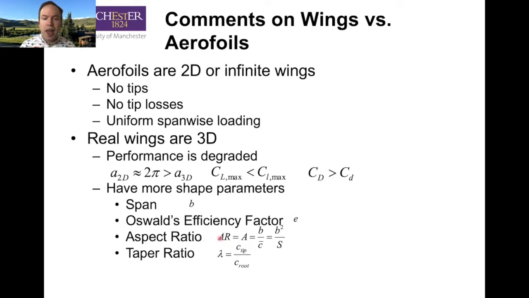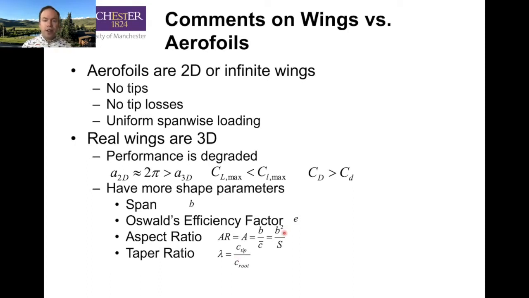Aspect ratio, AR or A, which is technically B over our mean structural chord, or for most wings that are tapered and swept, it's much easier to do B squared over our planform area. And then our taper ratio, which is just the ratio of the chord of the wing at the tip to the chord of the wing at the root near the fuselage or in the center of the fuselage, depending on your definition. A little word of warning here.